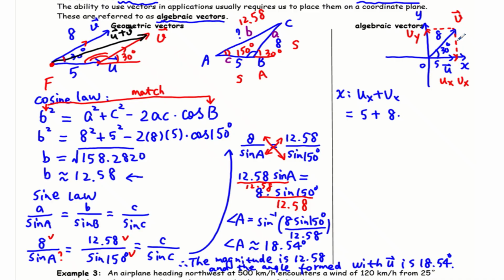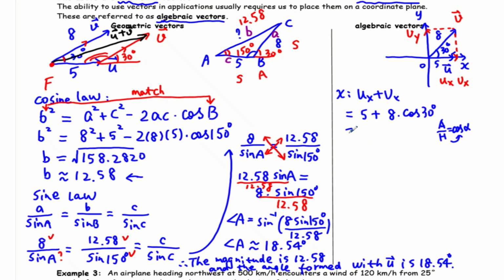This is a right angle triangle, and adjacent over hypotenuse equals cosine angle. So the adjacent will be hypotenuse times cosine.